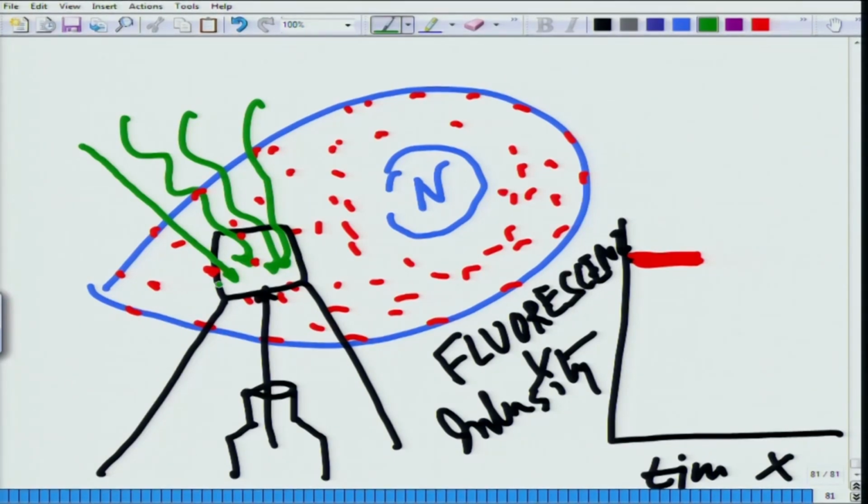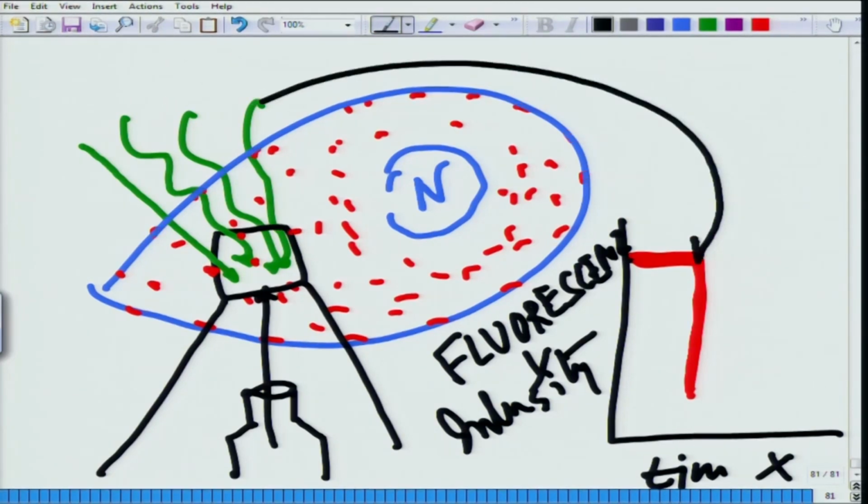What you will see in the graph is that immediately the fluorescence intensity will fall down like this, a sharp fall, because this is where the bleaching comes into play.